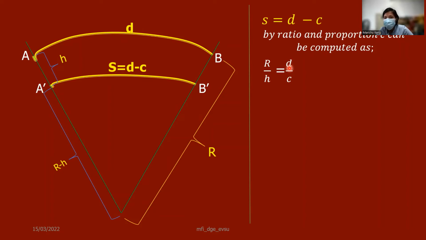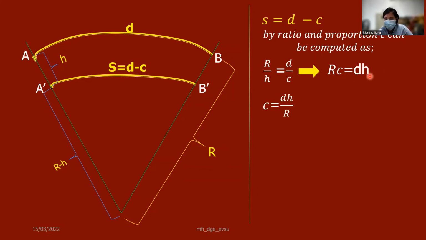So that will relate na proportion, inversely proportional yung ating distance sa value ng C. Okay, so how are we going to determine the value of C in this portion? We can cross multiply this one, and then, okay, so that is R times C and H times D. Then divide both sides by R. Then we get only C. Right? So this will become C equals D times H over R.